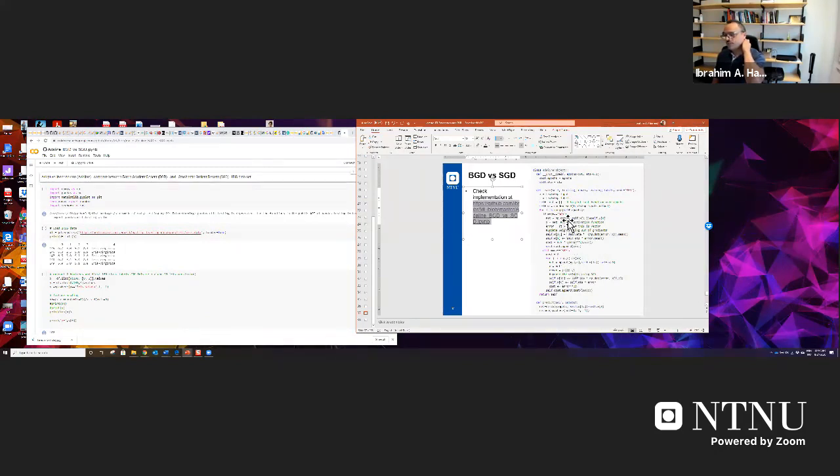In batch gradient, we do those calculations for each epoch. I'm using the mean gradient for the whole dataset for updating my weights. But in the case of SGD, we do it example by example.